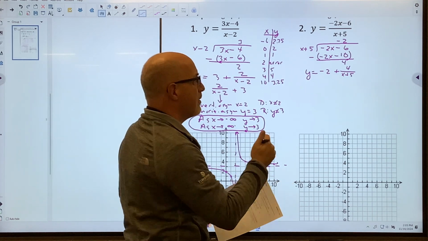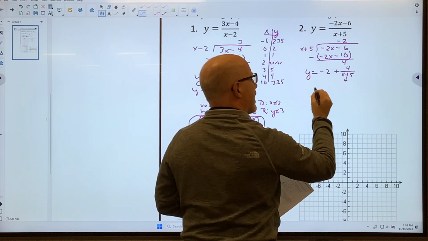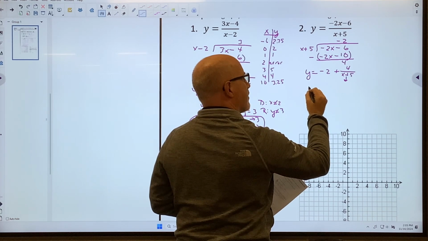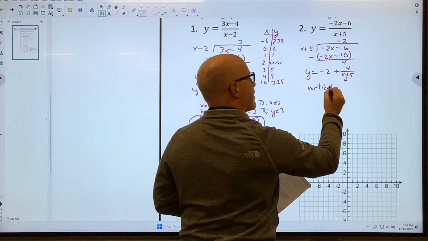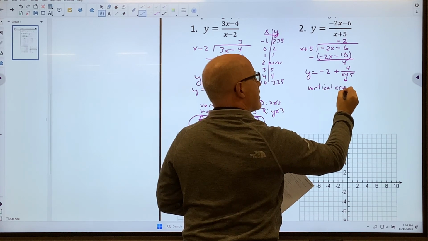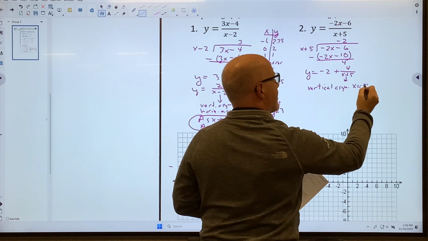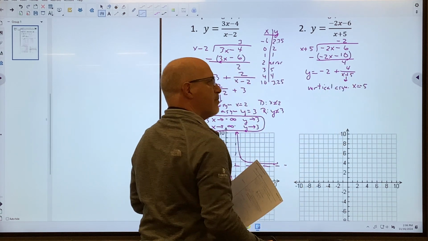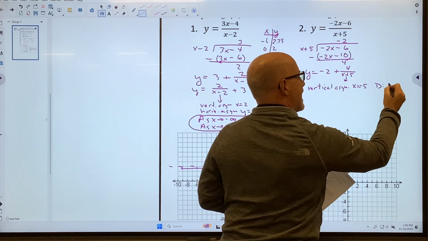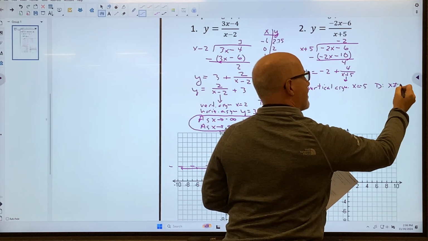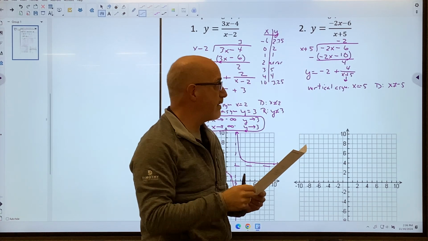So now this x plus 5 is going to give me my vertical asymptote, which will be at x equals negative 5, the opposite of that, what will give me 0 there. And so my domain is that x cannot equal negative 5. It can equal any other value except for negative 5.